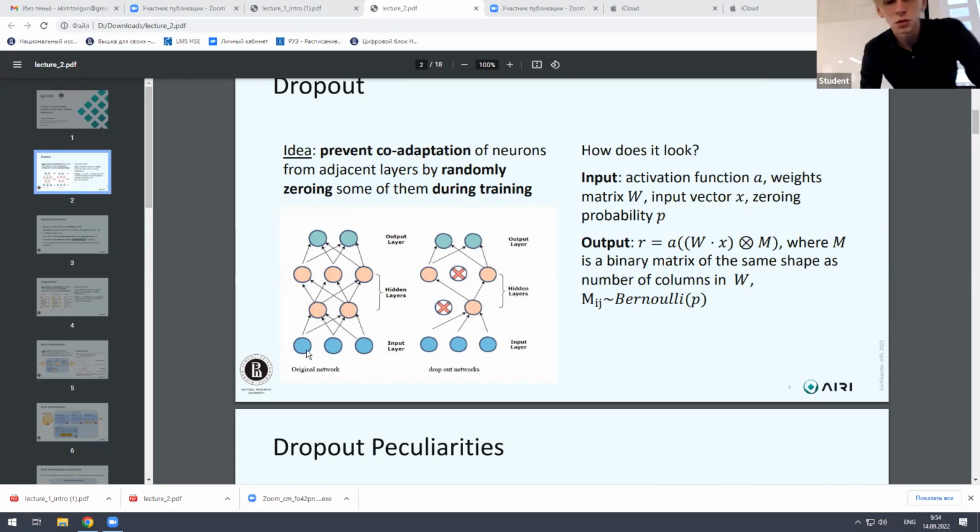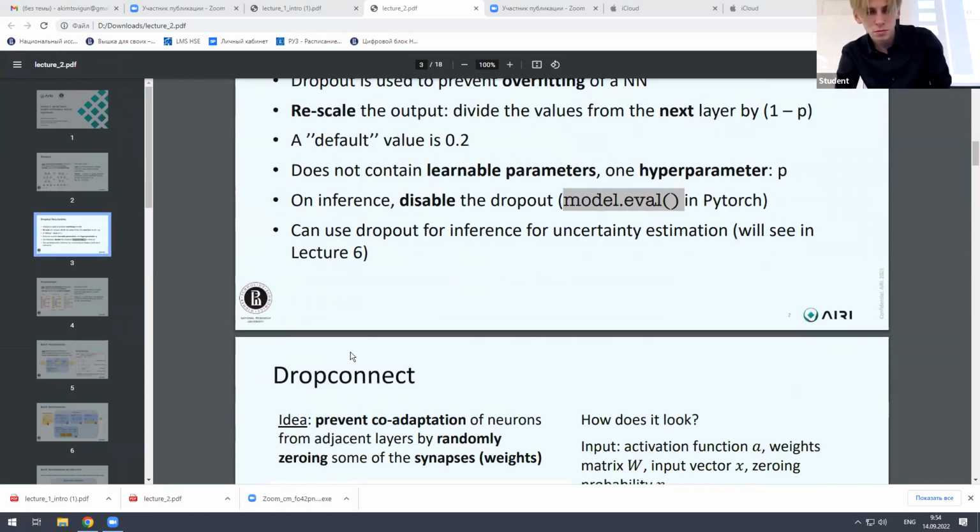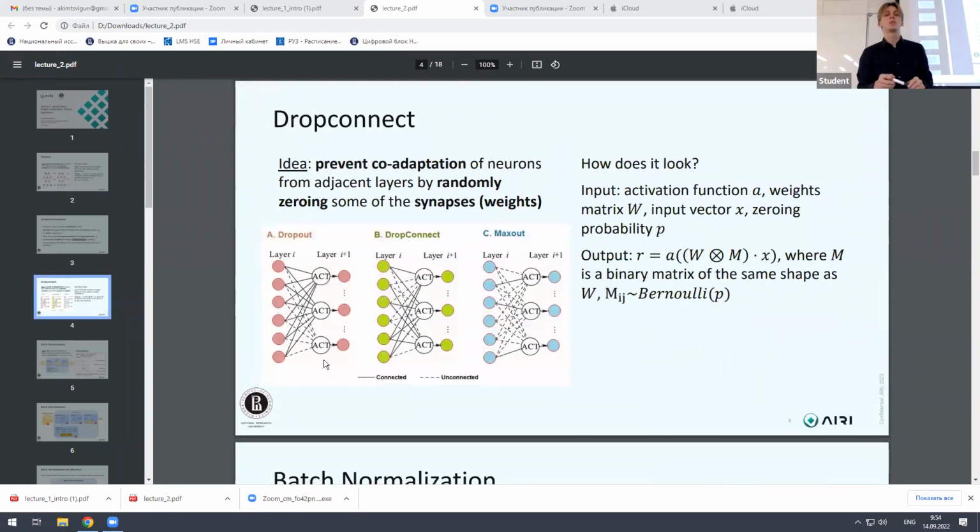Okay, so let's continue. We will not stay here for long, but it's nice to know another method called DropConnect. First of all, it's used much more rarely than the dropout. It's used only for some special implementations, but anyway, the idea is simple, and probably it's better that you know this. So what we do in dropout, we randomly zero some of the neurons.